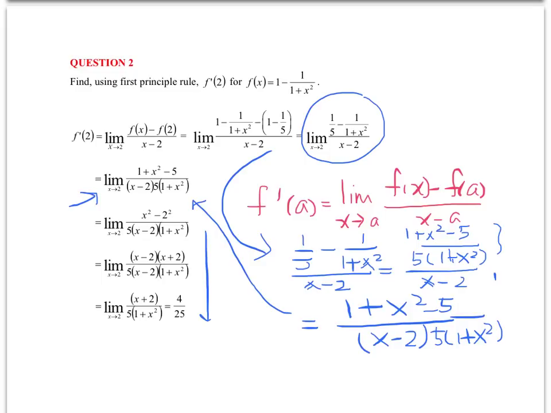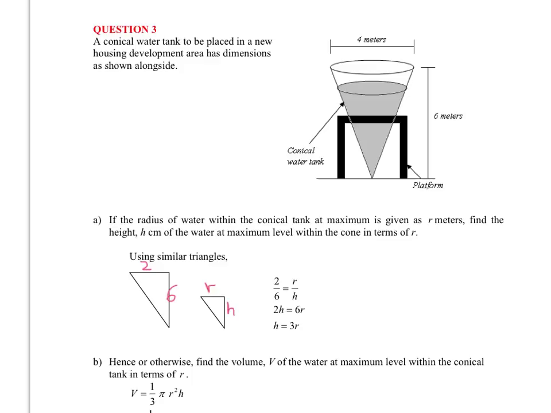Now moving on to the third question, some careful considerations are put in place here. Firstly, you can see this is 4 meters and 6 meters for the actual tank, but we also care about the actual volume of water, and 4 meters in diameter means that we're really talking about 2 meters for the radius, and the height is still 6.